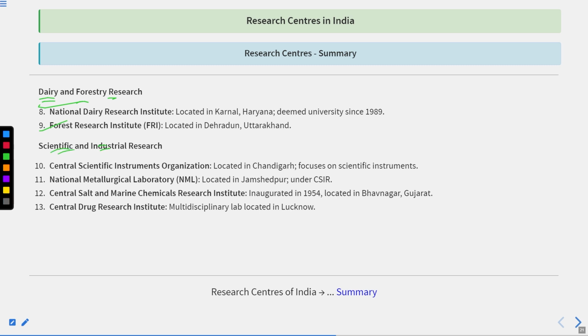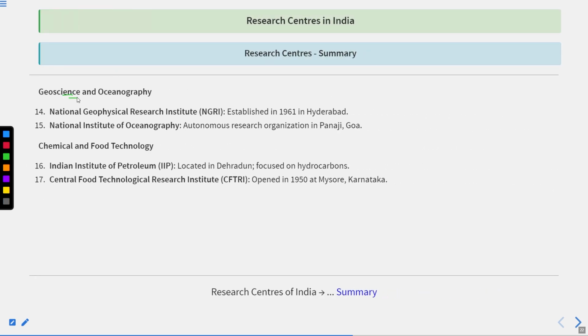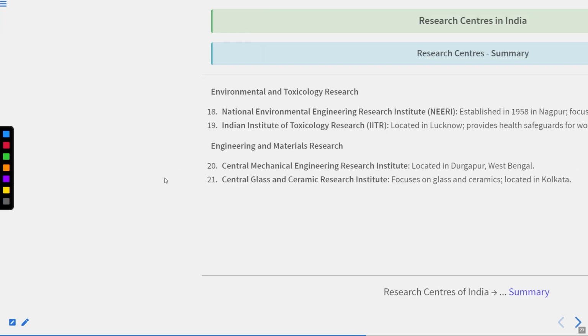Scientific and Industrial Research, we have seen the Central Scientific Instruments Organization, National Metallurgical Laboratory, Central Salt and Marine Chemical Research Institute, Central Drug Research Institute. For Geoscience and Oceanography, we have seen the National Geophysical Research Institute, National Institute of Oceanography. Chemical and Food Technology, we have seen Indian Institute of Petroleum, Central Food Technological Research Institute.